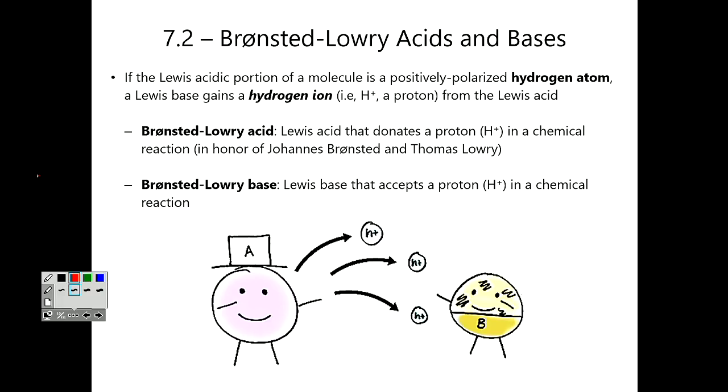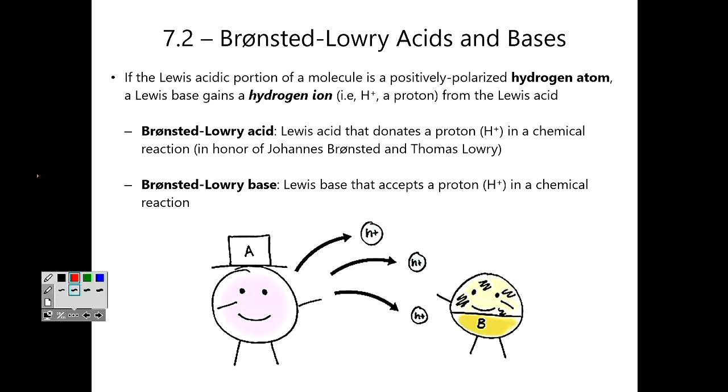So a Bronsted-Lowry acid down here will contain a positively polarized hydrogen atom, or it will simply be able to provide a H plus hydrogen ion, which we technically call a proton.